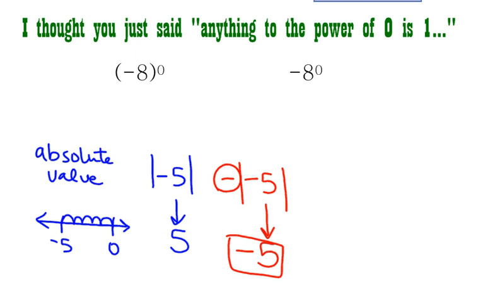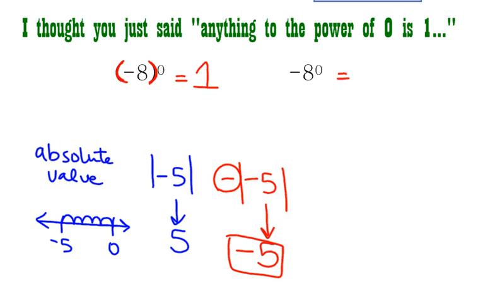So with that in mind, I'm going to come up and look at these two questions that were at the top of this page. This first one that has parentheses is holding that negative onto the 8. And so it's saying -8 to the 0 power. And as I said before, anything to the 0 power is 1. If we look at this next one, it's just a little bit different. It doesn't have those parentheses holding the negative sign on.